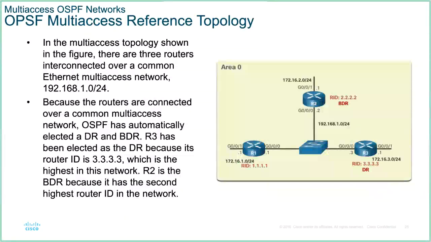Election will take place. 333 is the highest ID, so it'll win the election. The secondary election will elect router 2, as it's got the second highest ID, as the backup DR. And router 1 will just go to DR other.